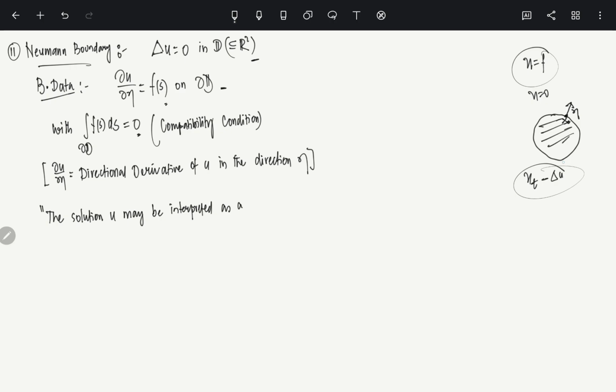It looks like a heat equation, right? If the system becomes steady, u becomes independent of time. As I told you, after some time it stabilizes, it does not change with time. So essentially u_t, the change in u with respect to t, will be 0, right? And then it is only left with your Laplace u.